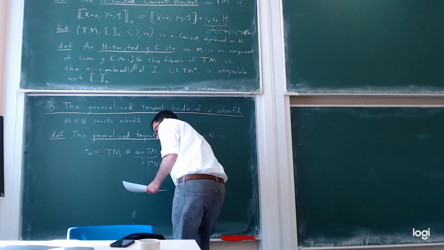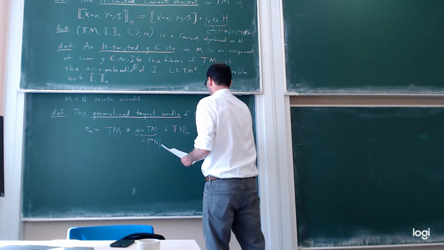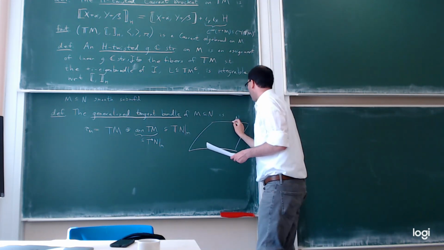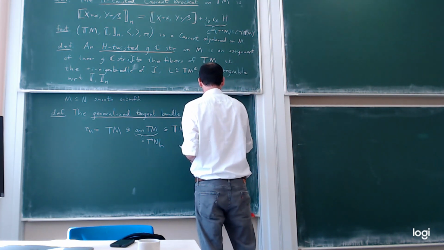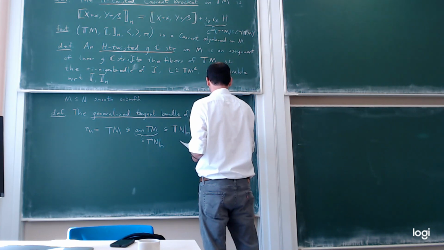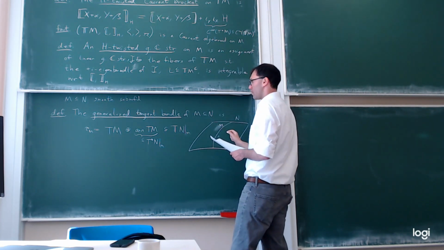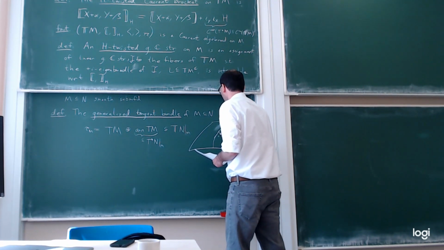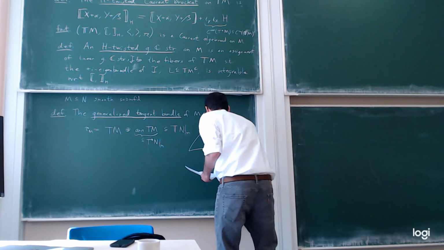Okay, so here is N, the ambient manifold, and within it we have a submanifold M. The fiber at x in M of tau M is the direct sum of the tangent fiber at x to M. I'll draw it down here.